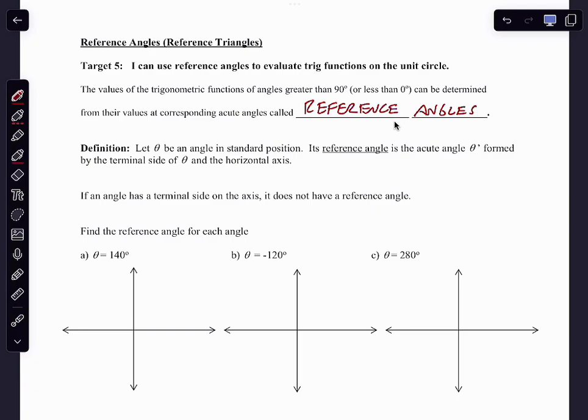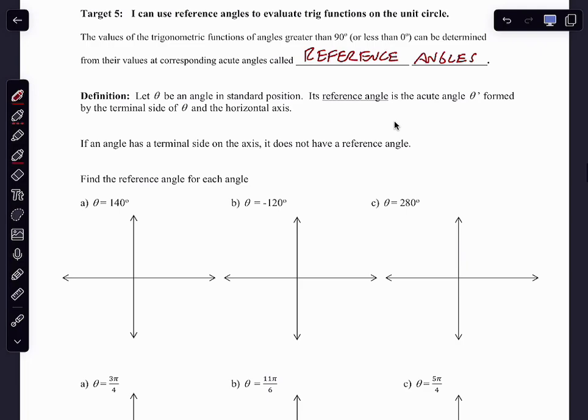What that means is we want to do sine, cosine, tangent, or trig functions that are not in quadrant 1. We can use quadrant 1 angles to find them. The reference angles are quadrant 1 angles, and any angle that's not in quadrant 1 has a reference angle that's in quadrant 1, except for ones that are on the axes. If they're on the axes, they don't have a reference angle.